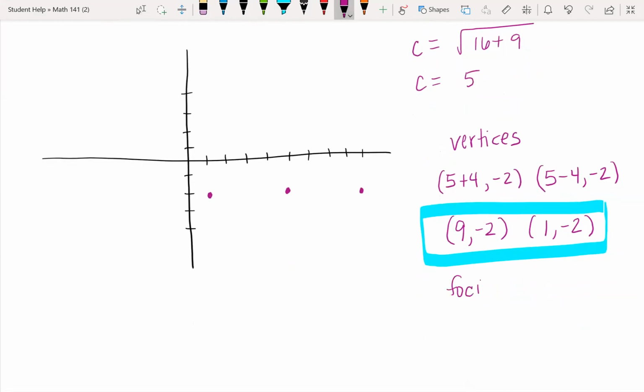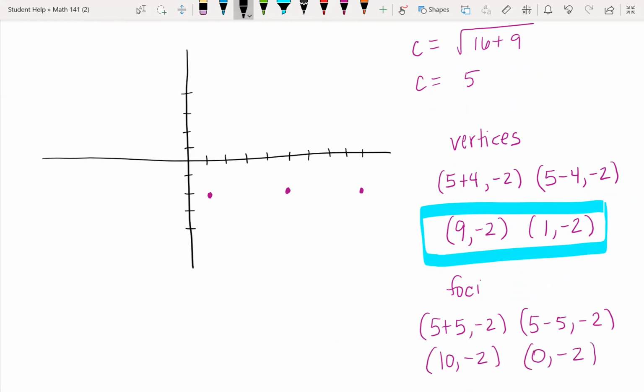So 5 plus 5, -2, and 5 minus 5, -2. So that'll be 10, -2, and 0, -2. Make those orange. One's here, one's here.